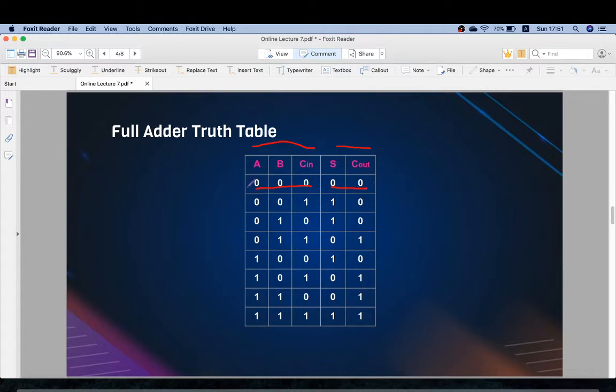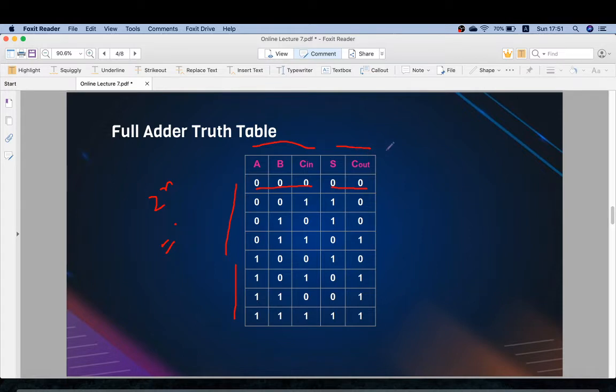How we make this truth table is the same old 2 to the power n, where n is the number of variables we have. We have three variables in this, so the number of cells we use is 2 to the power 3, that is 8. So we use 8 cells in this.